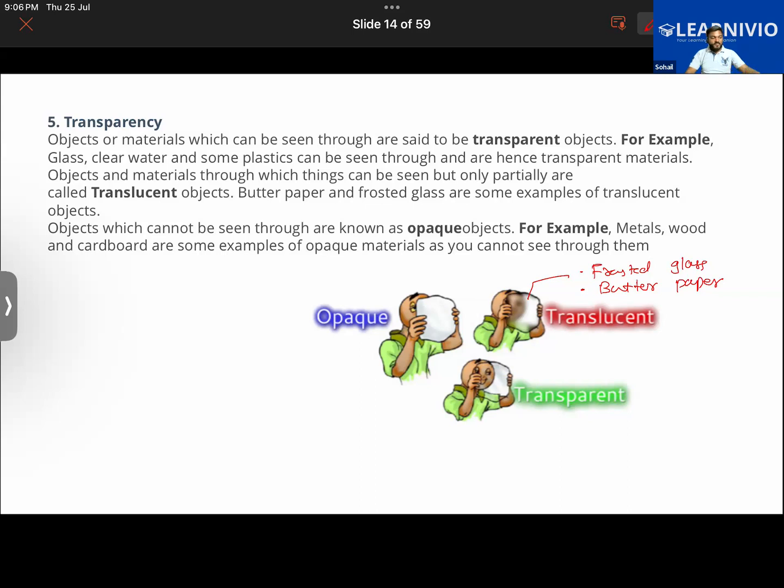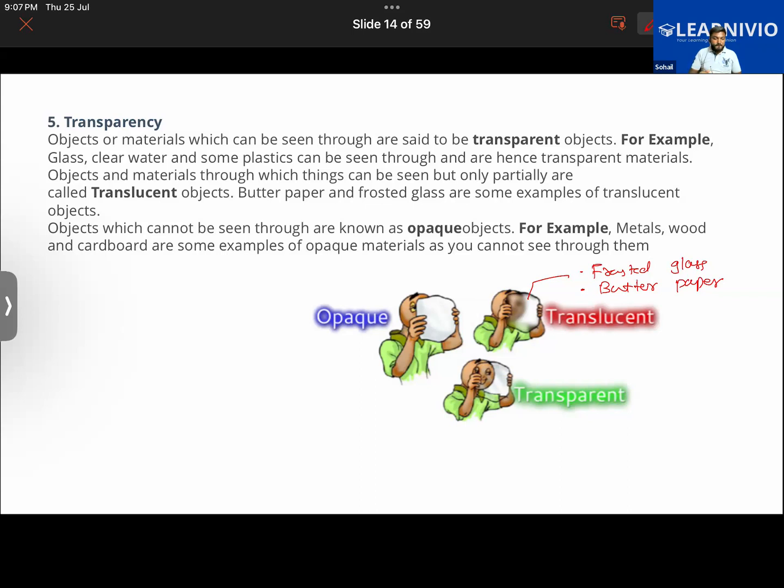If the paper is really thin, like the one I am holding, this one would be taken as a translucent object. But if I were to take another kind of paper, like this one in my hand, which is relatively thicker, it will be an opaque object. It will not allow the light to pass through. So it will really depend upon the thickness of the paper.